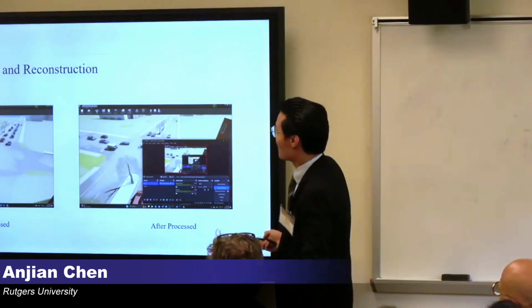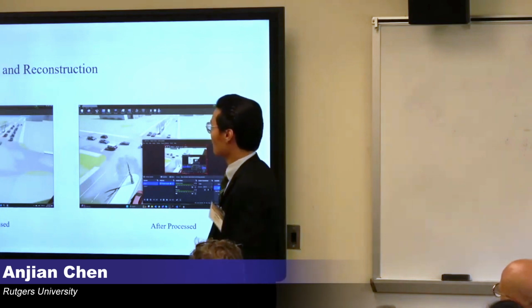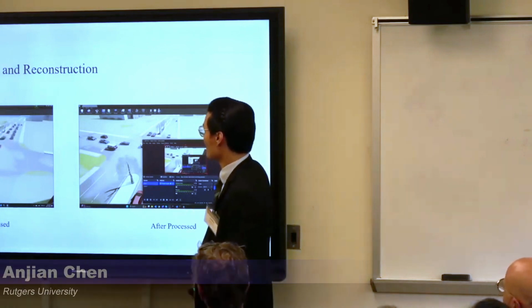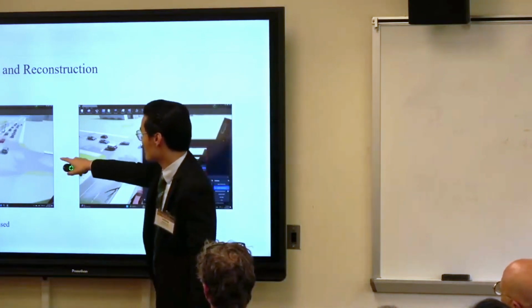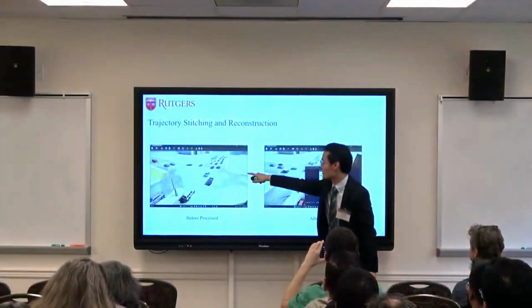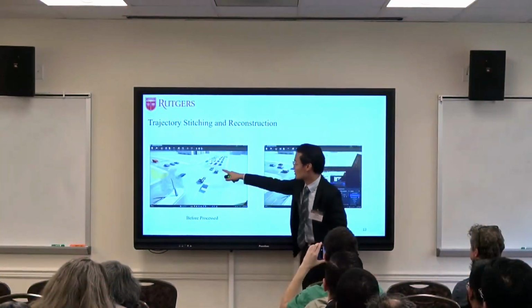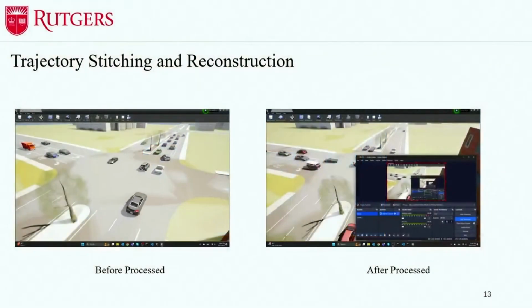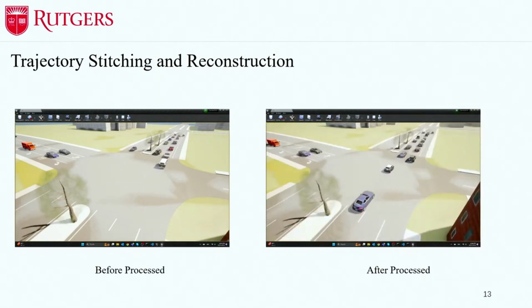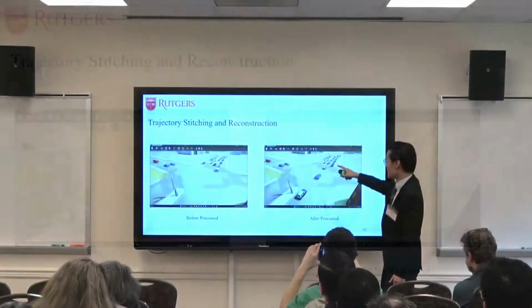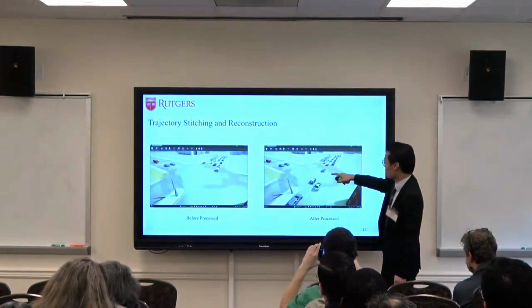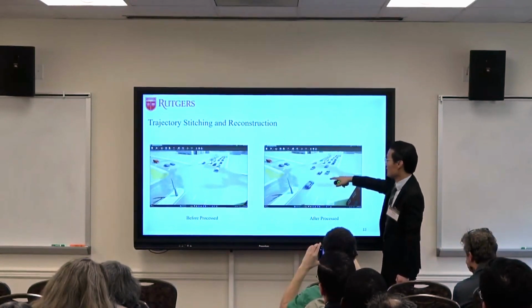Here is a comparison in our digital twin model before and after the trajectory stitching and reconstruction. Before the process, we have some incorrect issues and some shapes that just change in the middle of the way. After that, most of these problems are solved, and we keep the smooth and continuous running of the vehicles in the middle of the way.